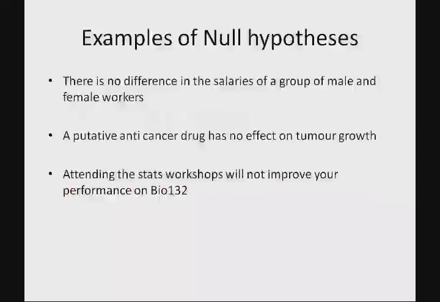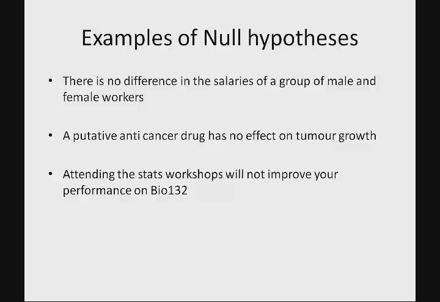So, p-values are based on the null hypothesis. What do we mean by a null hypothesis? Here are 3 null hypotheses. So you're interested in whether males and females are paid differently. So you say there is no difference in the salaries of a group of male and female workers. That's the first null hypothesis. If you're in medical research, you might have developed an anti-cancer drug and want to know if it works.